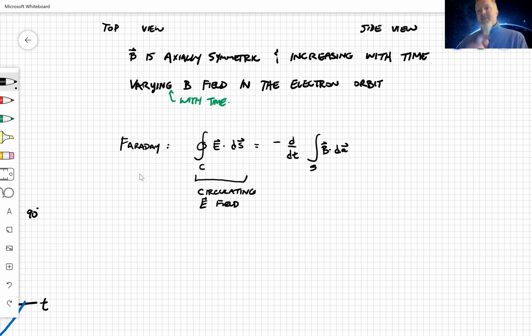Well, it's not literally circulating with time. It's got a circulation to it. It's got a curl to it, if you like. The right-hand side of this we've been dealing with, right? The time rate of change of the flux of the B field, and we've been talking about that as the inducing of a voltage. But look at the left side.